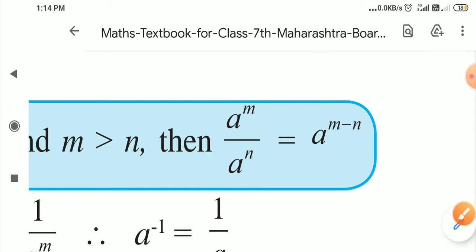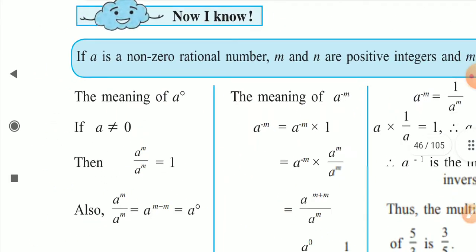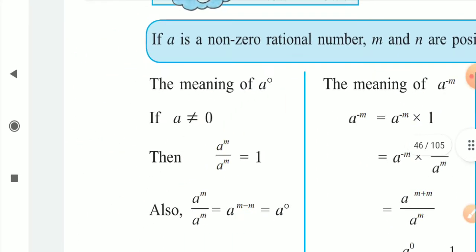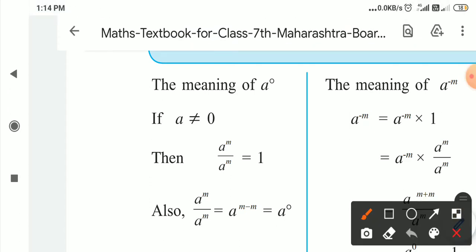Okay. So multiplication and division I told you. Now the meaning of A raised to 0. Suppose any number is there. If I take 5 raised to 0, if I take 18 raised to 0, if I take 1017 raised to 0.